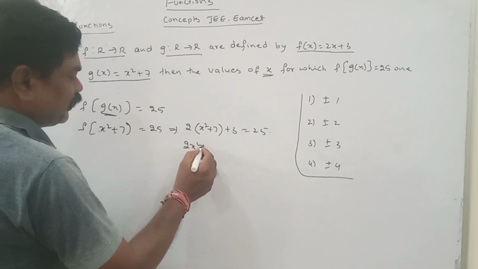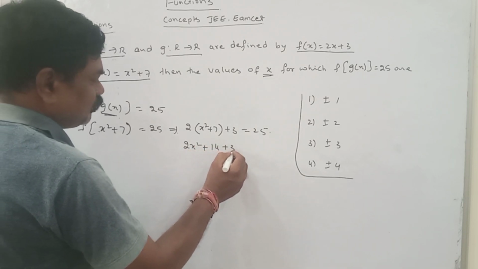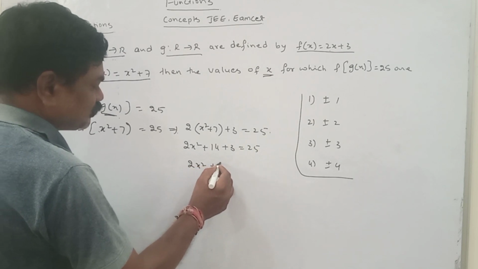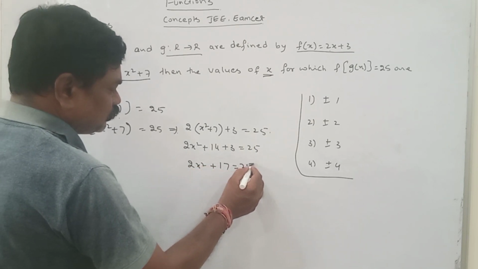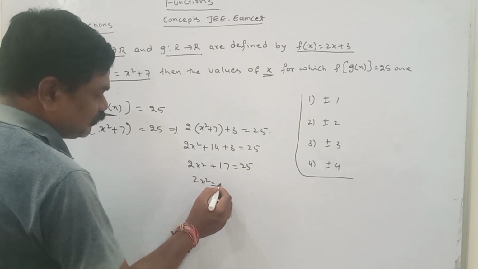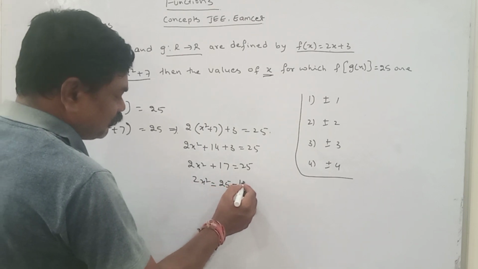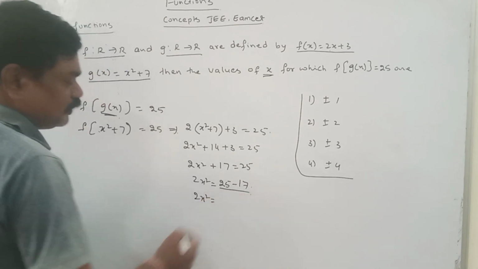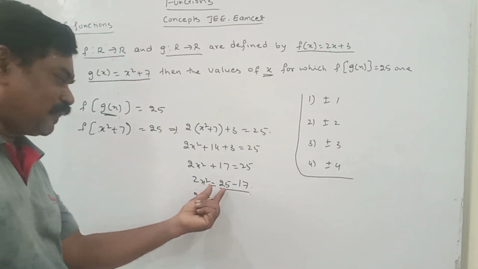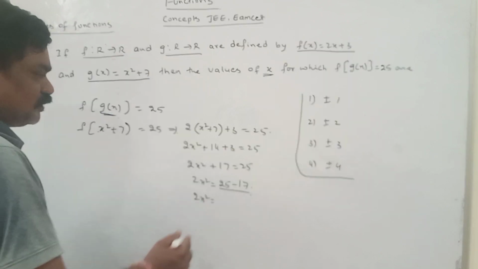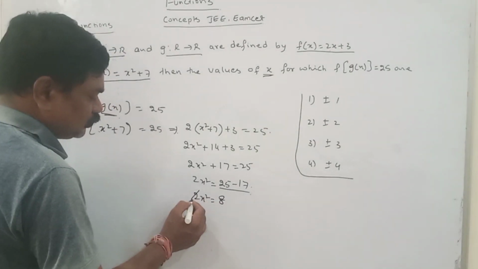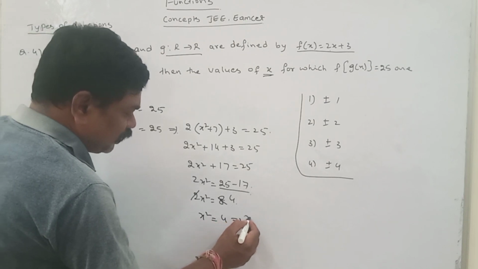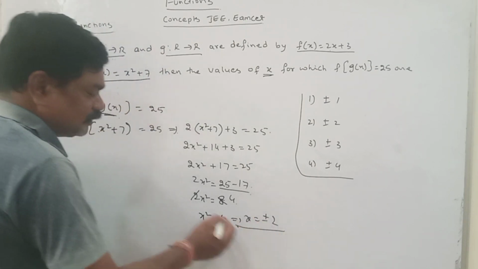Then 2x square plus 14 plus 3 is equal to 25, 2x square plus 17 is equal to 25, 2x square is equal to 25 minus 17, which is 8. So x square is equal to 4, x is equal to plus or minus 2.